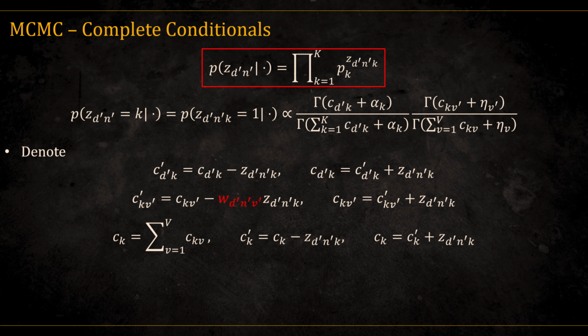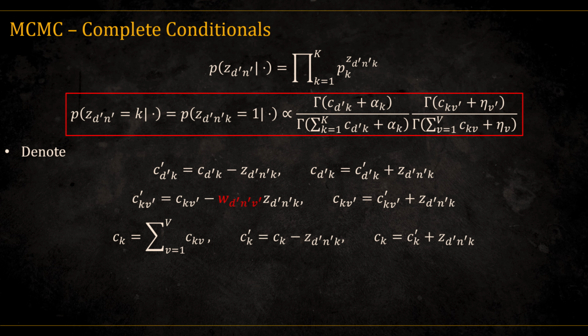This means that for a specific k, we only care about a single term in the product, and we can ignore the rest. Again, for ease of notation, I'm not going to write k prime, but remember that in the numerator, the k is the chosen topic, while in the denominator, it's an indicator for the sum. So we have that the probability of a specific z is proportional to this expression.